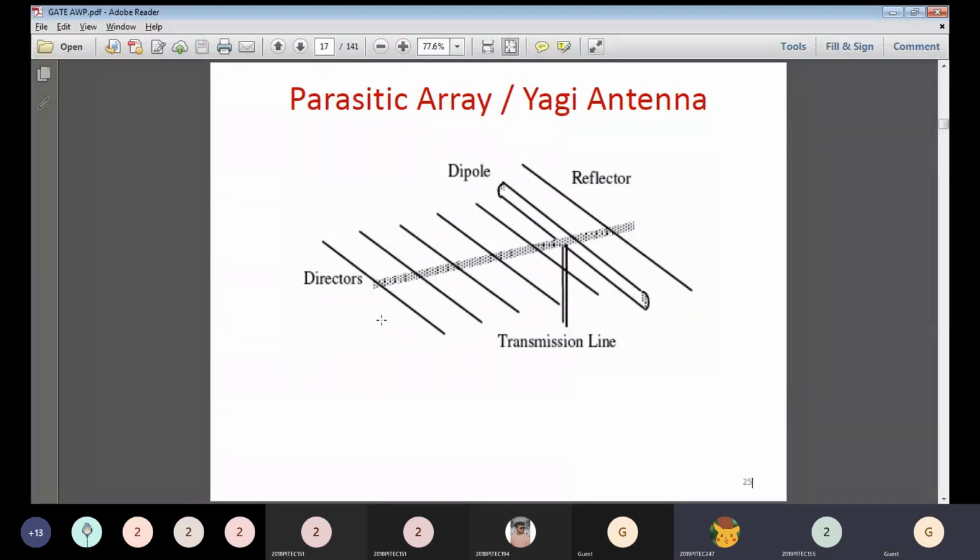We are not going to feed all the antennas. We are going to feed only the dipole, from where the energy propagates towards the reflector. The signal will be sent towards the director, and through the director it will reach the receiving end. So only the dipole we feed, not the directors and reflector.